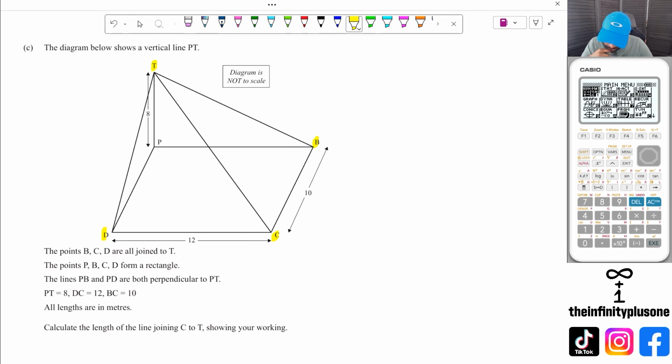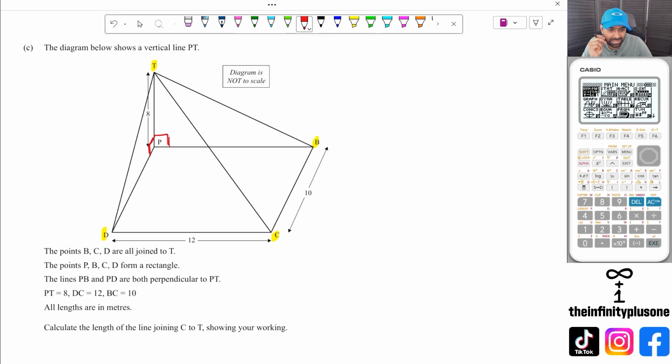PB and PD are both perpendicular to PT. Now, PB is actually here and it's perpendicular to PT. And then likewise, PD is also perpendicular to PT. So you kind of have to imagine it like a corner of a room. That P point is like a corner of a room where you've got the two walls meeting and the corner just going up.